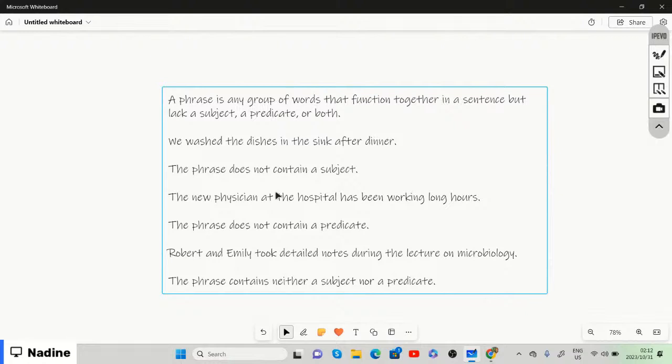In this case, the phrase does not contain a subject. It's got a pronoun, but it's not a subject.